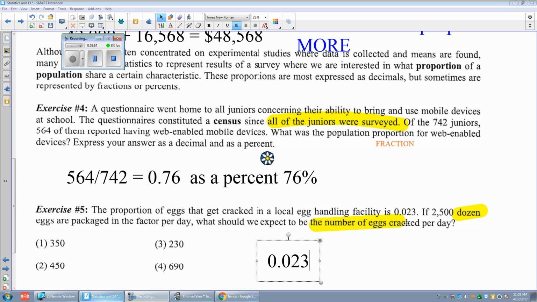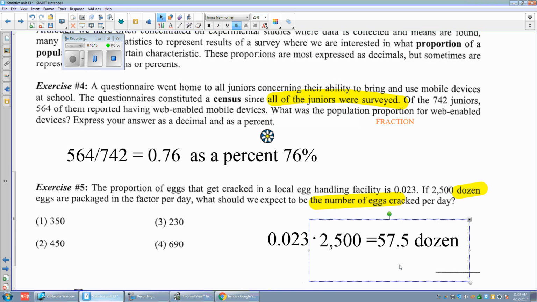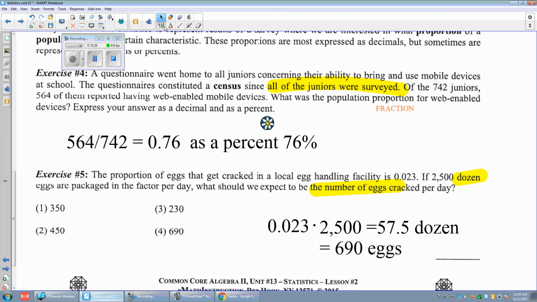Since it's expressed as a decimal, not as a percent, we do the decimal times the 2,500 dozen, which is 57.5 dozen. Well, how many eggs is that? Multiply the 57.5 times 12 eggs per dozen, 690 eggs.